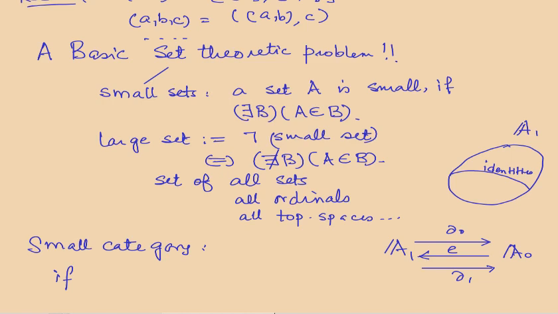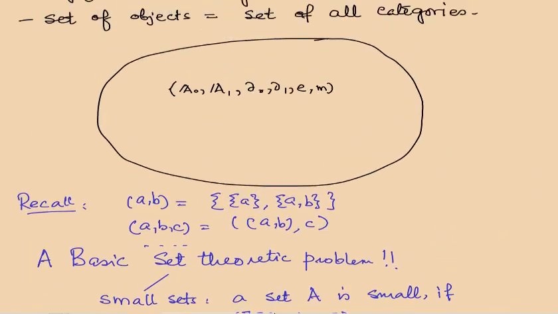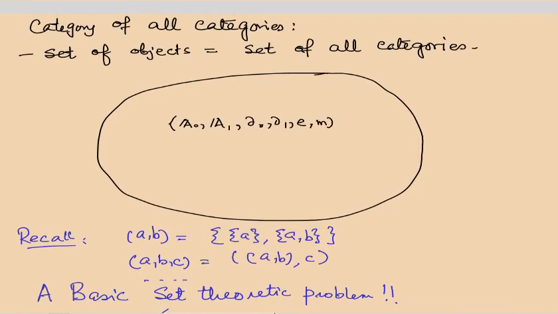So if A1 is a small set, the set of all morphisms is a small set. So it's just a set theoretic problem, and over here this has to be a small category.